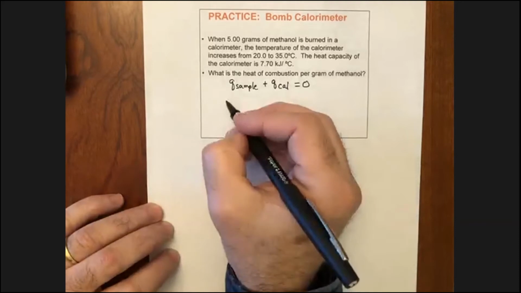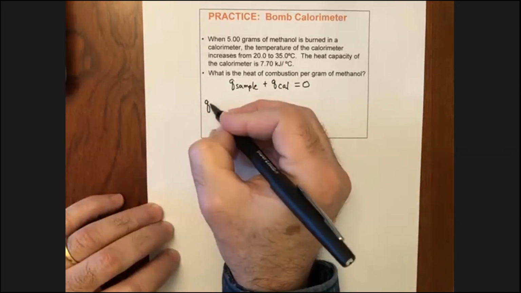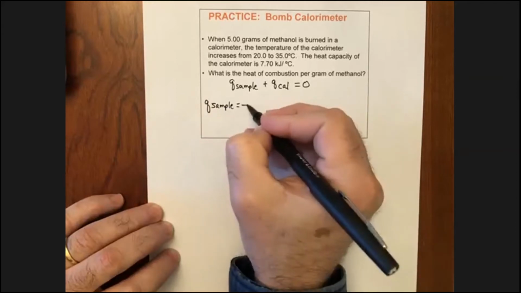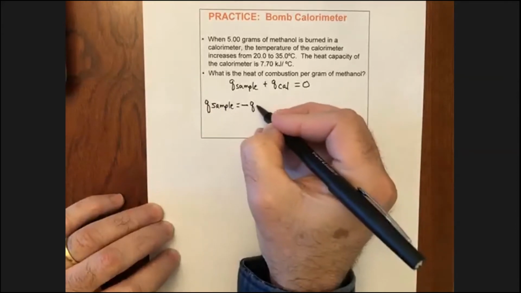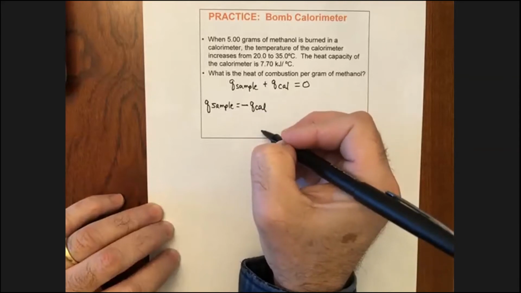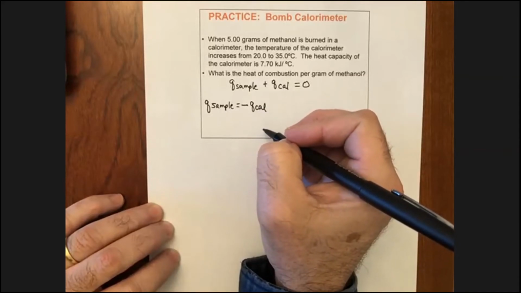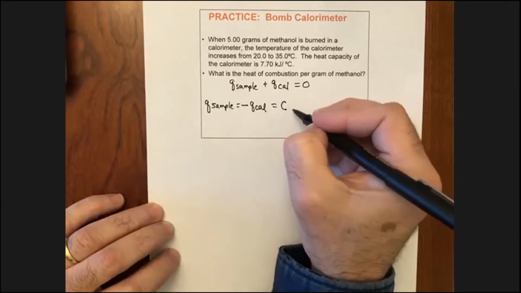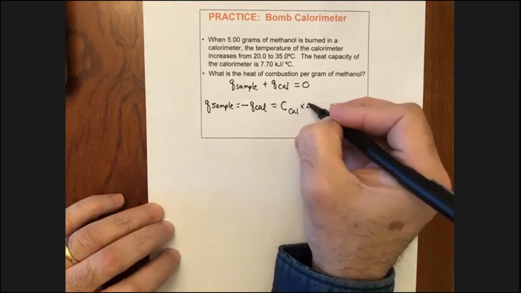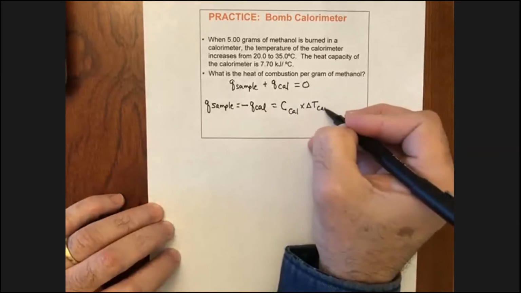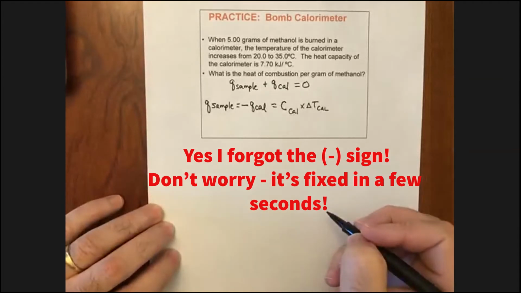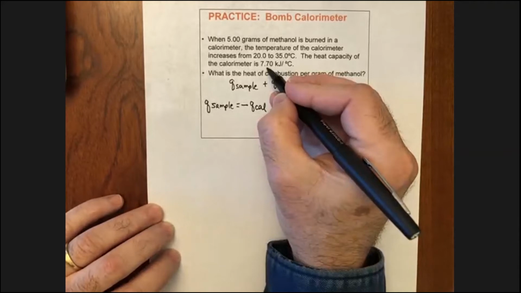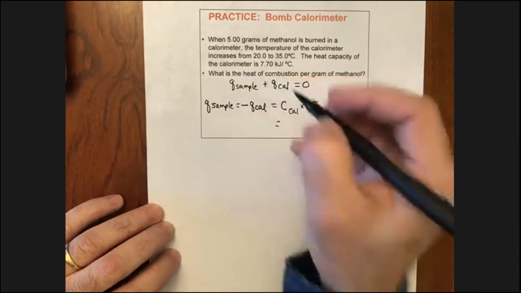So that means that the exchange of energy for my sample was the negative of the exchange of energy for our calorimeter. And that's where we use that CΔT formula, right? So this would be C of the calorimeter times the temperature change in the calorimeter. They tell us here the heat capacity is 7.70 kilojoules per degree Celsius.